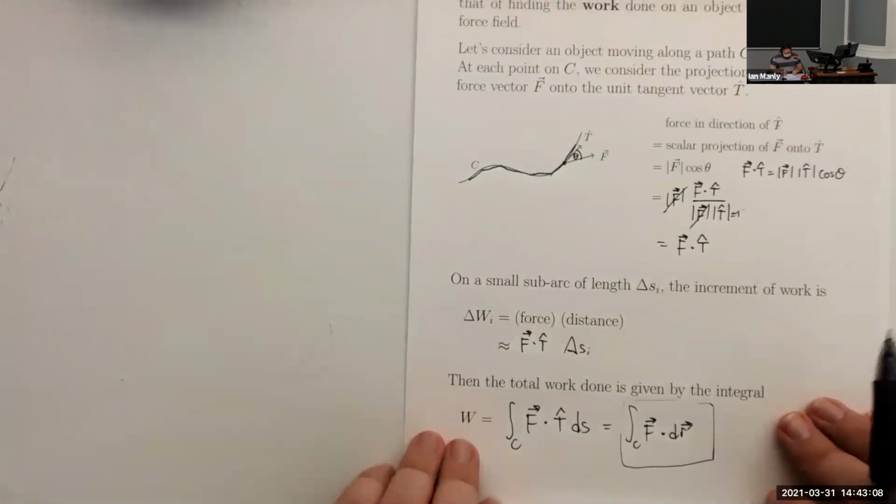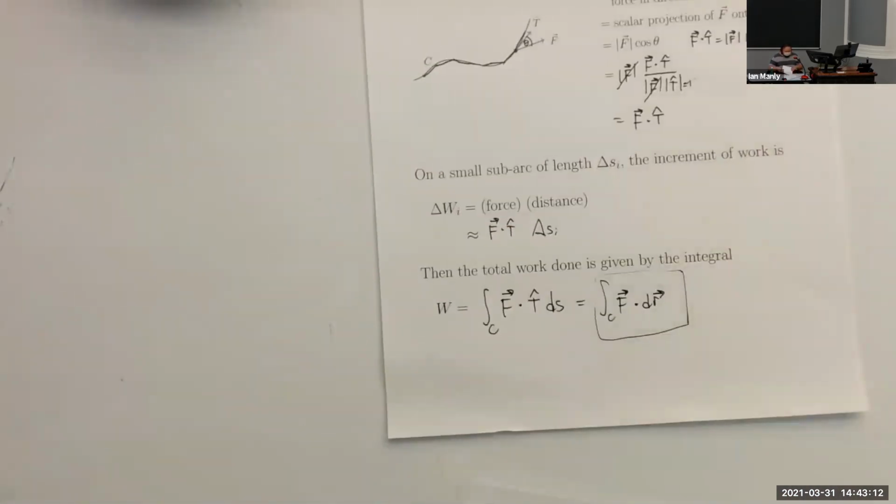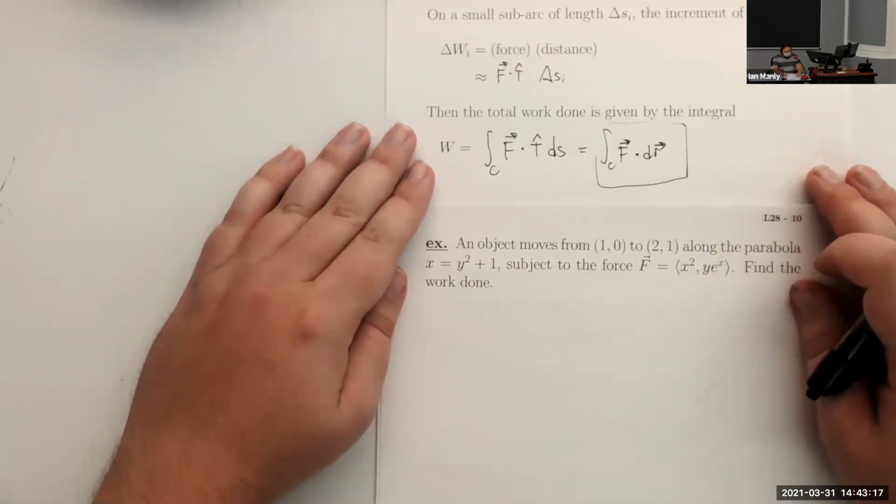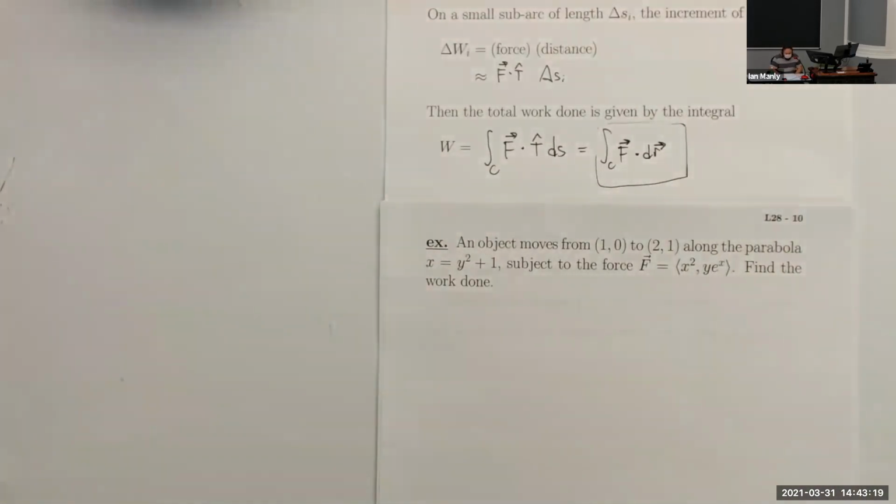All right. So with that being said, let's go ahead and compute our work example here. Suppose an object moves from (1, 0) to (2, 1) along the parabola x equals y squared plus 1, subject to the force F equals x squared y e to the x. Find the work done on the object.